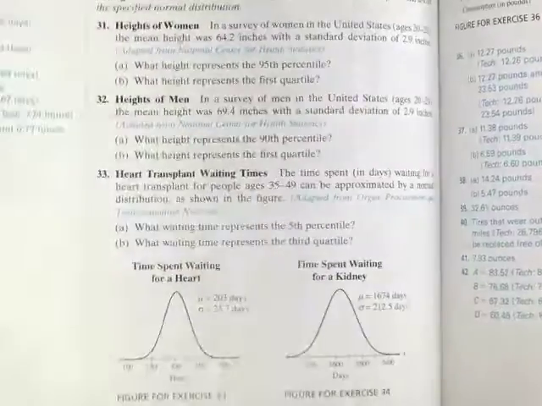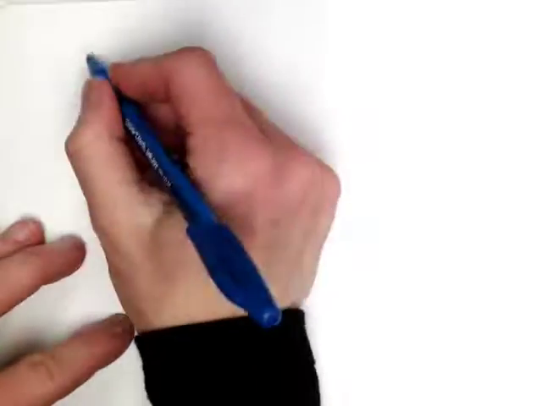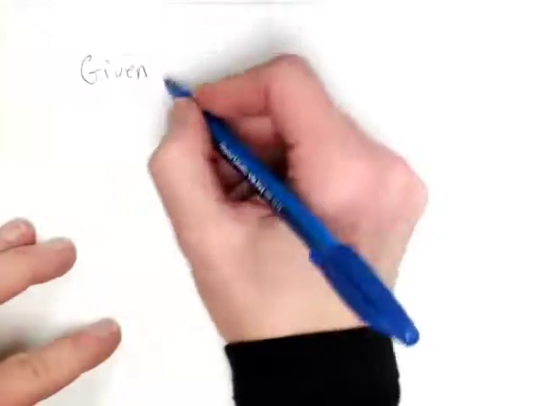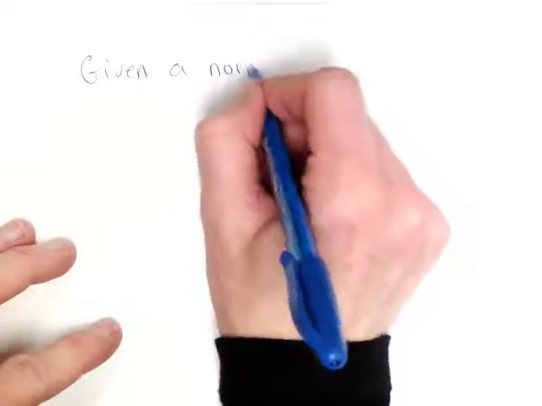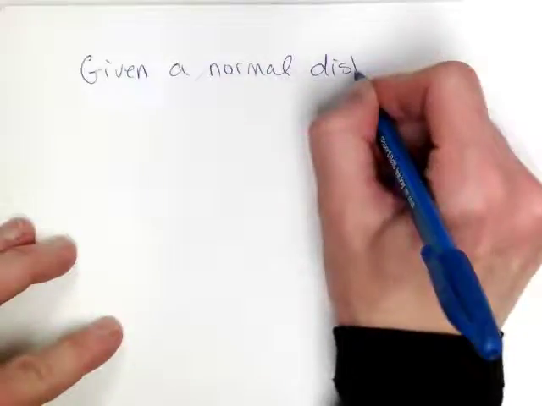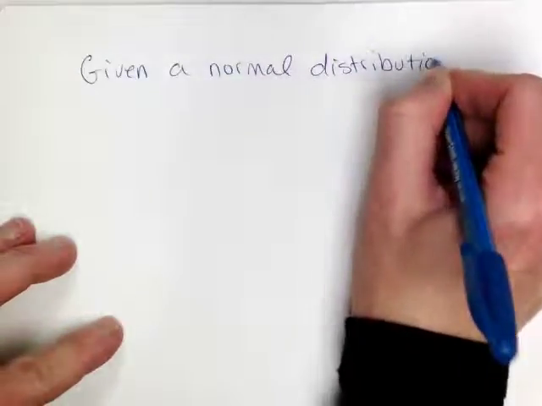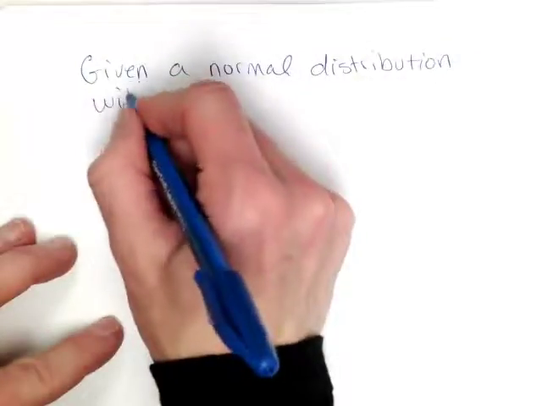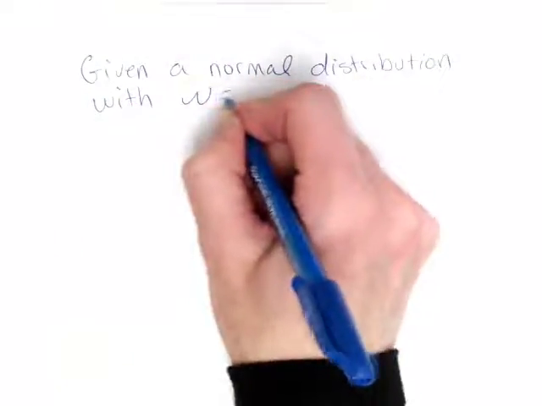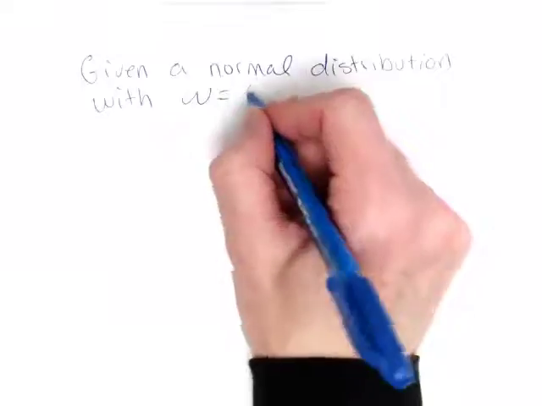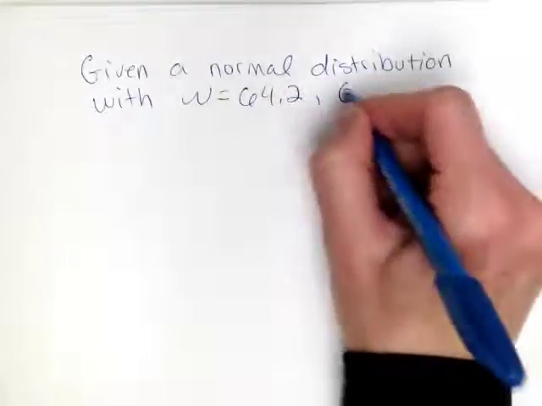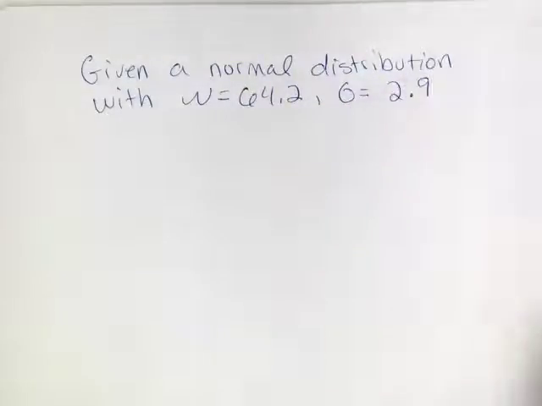Okay, so let's go ahead and put down what's given in that problem. First we're given a normal distribution. That's the heights of men, with mu equal to 64.2 and sigma equal to 2.9.